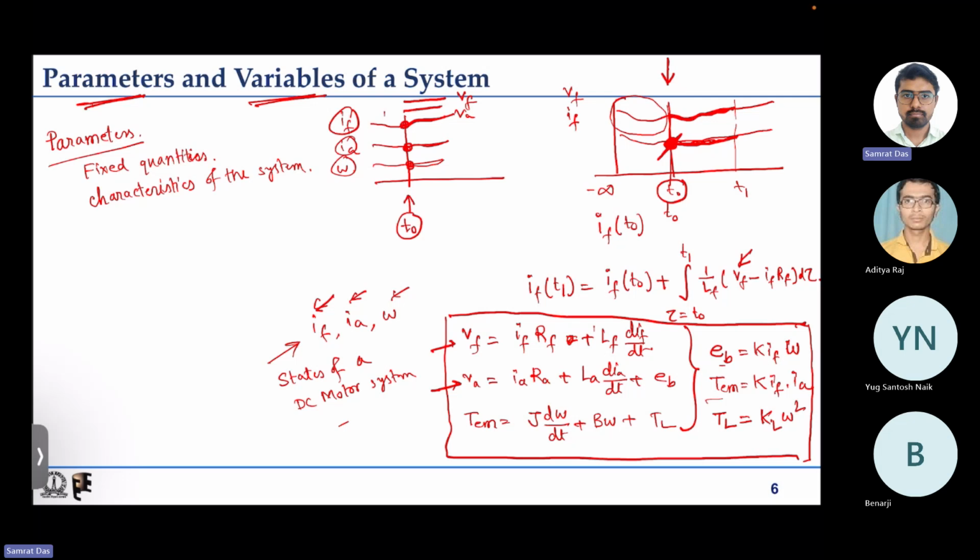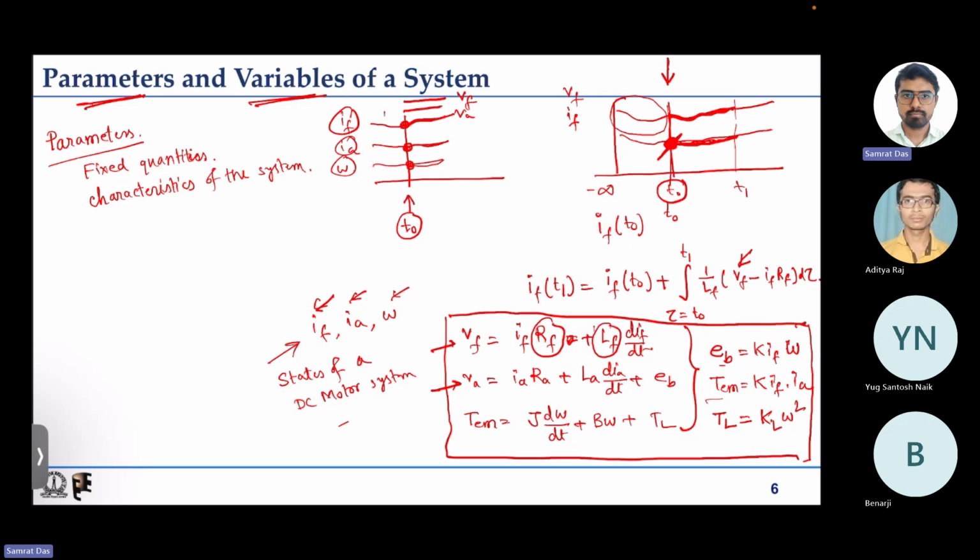So what are the parameters? Let us identify that. The resistance of the field coil, we understood that yes, it depends on temperature, but the dependency is quite weak, so it could be considered a constant.